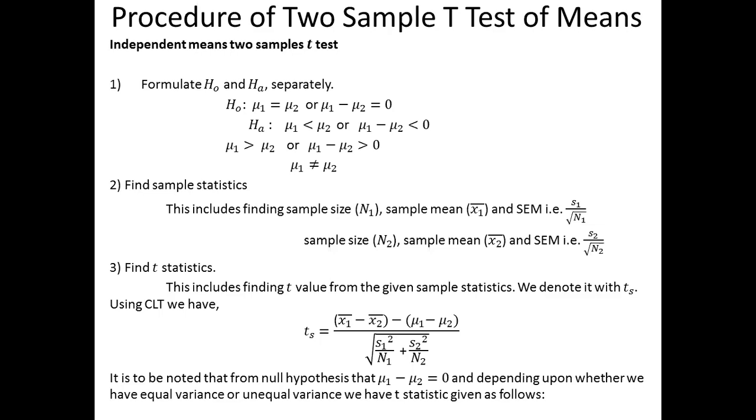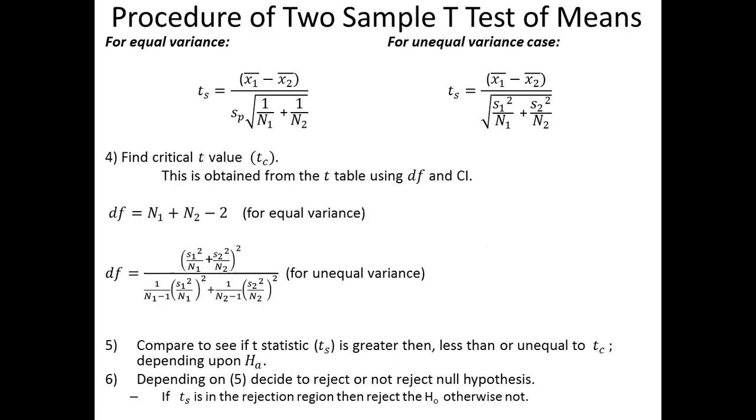Mu1 minus mu2 is the same value that we got from the null hypothesis statement. And in the denominator, we have S1 square upon capital N1 plus S2 square upon capital N2 under root. You remember that this is the standard error of the mean when two populations are subtracted or added. So this is again the SEM thing. And we can see from the null hypothesis statement that mu1 minus mu2 is basically equal to 0. So this equation can be modified into this.